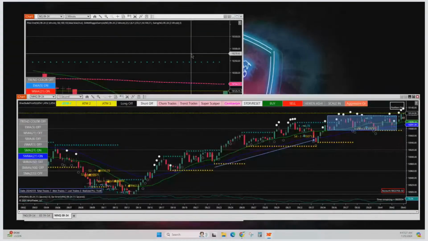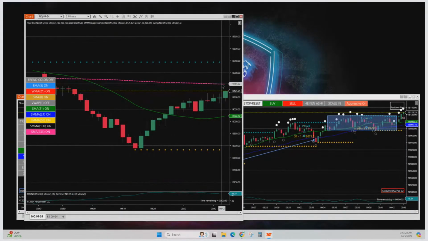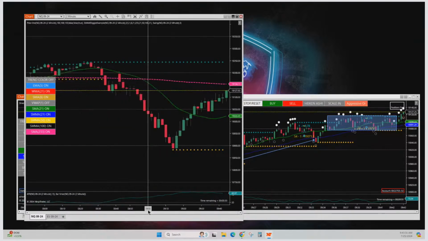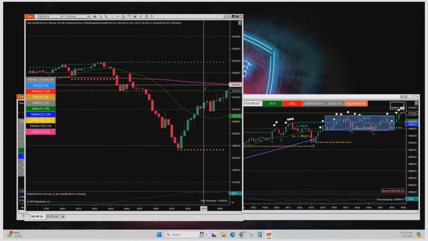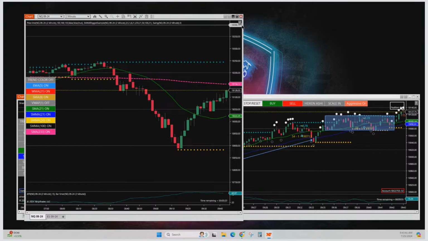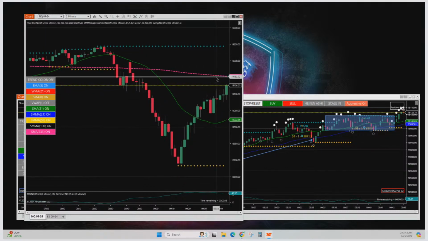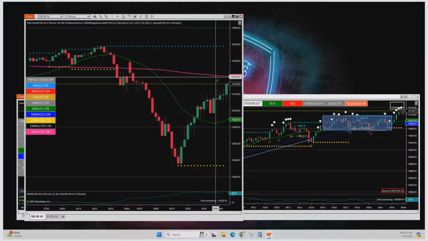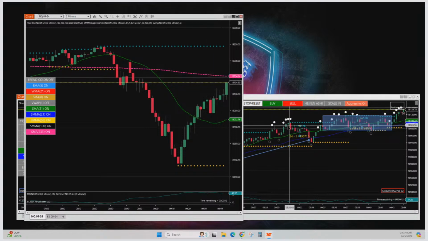So as I was saying, the market is moving towards the 233 SMA on the NASDAQ chart here. It's going to go up till here.